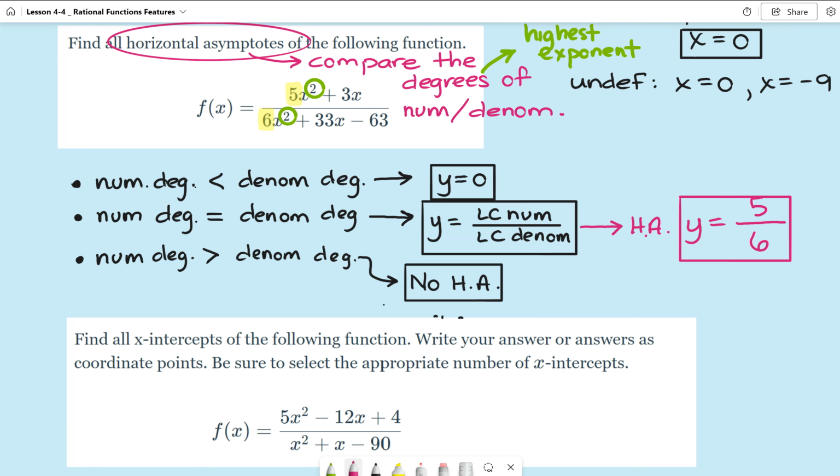The other two conditions say that if the numerator degree was actually smaller than the denominator degree, all you would have to do is write y equals 0. Okay? If the numerator degree is smaller than the denominator degree. If the vice versa happened, if the degree upstairs was bigger than the one below, you are going to tell me that there are no horizontal asymptotes.